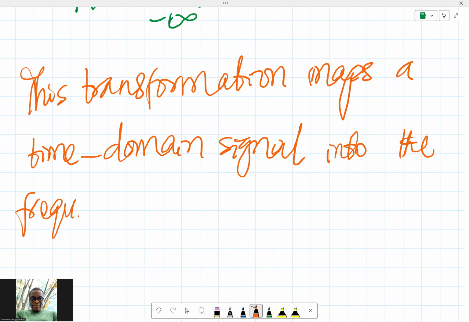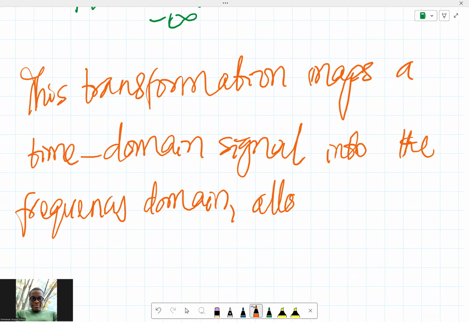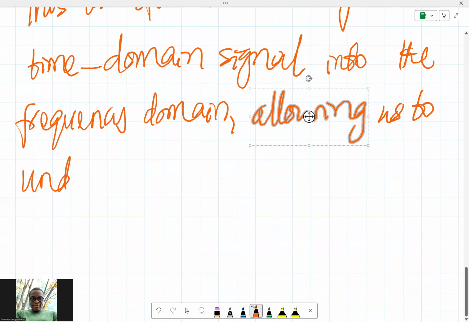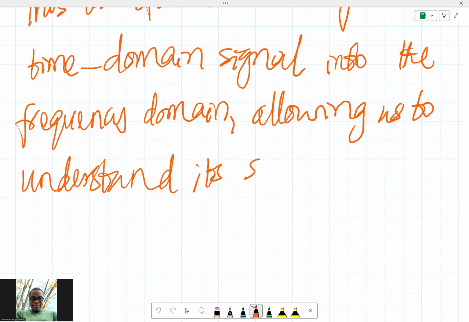I did a worked example the other time. So into the frequency domain, allowing us to understand its spectral properties.